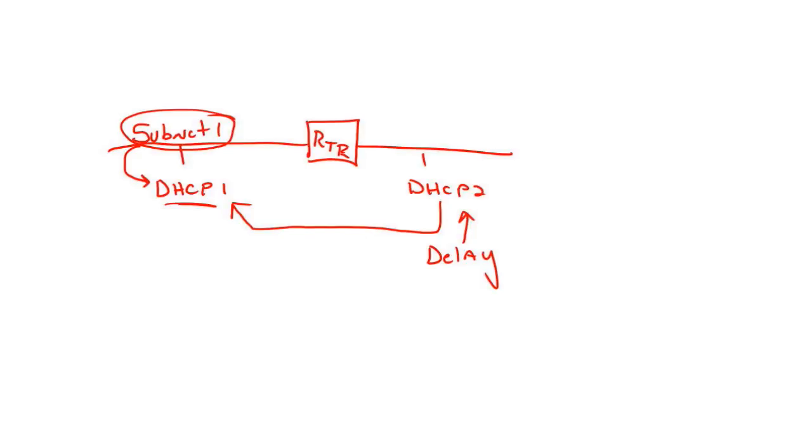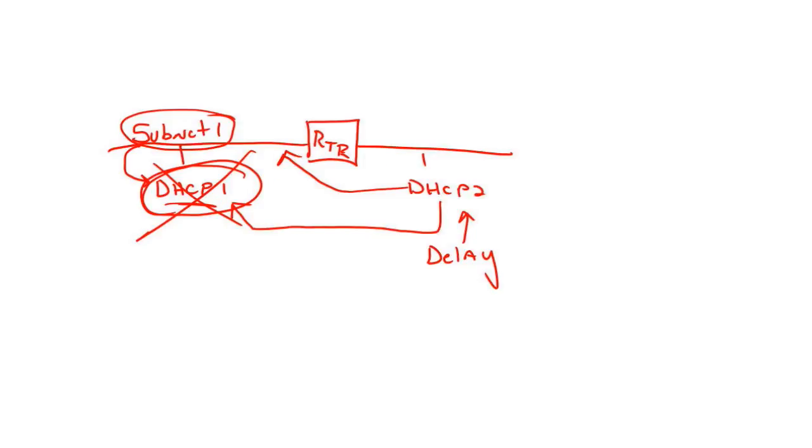on DHCP 2 for that subnet, for Subnet 1. This way, I'm guaranteeing that DHCP 1 is going to have the first opportunity to send an IP address to that subnet. Now, if that box goes down, then DHCP 2 will handle answering requests from that subnet. But unless that box goes down, I want all of my IP addresses to come from DHCP 1.